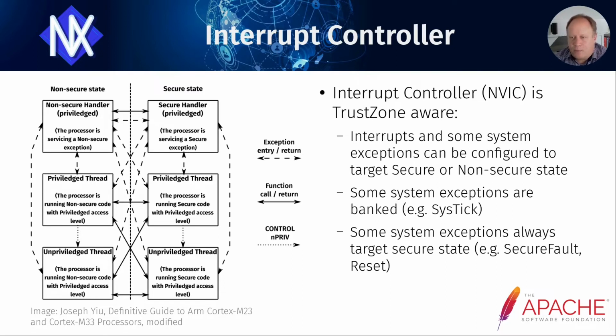When this task is rescheduled at a later point in time, secure state is re-entered as a side effect of loading the exception return value into the program counter register. The solid lines show the function calls and returns as they can occur across security boundaries. The dotted line just shows the transition from privileged to unprivileged level by setting the nPRIV bit in the control register.